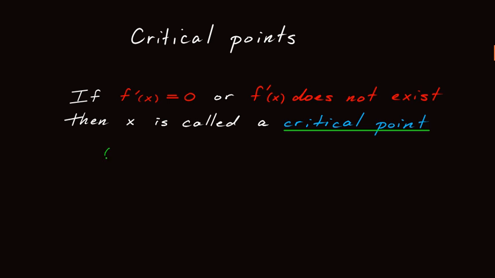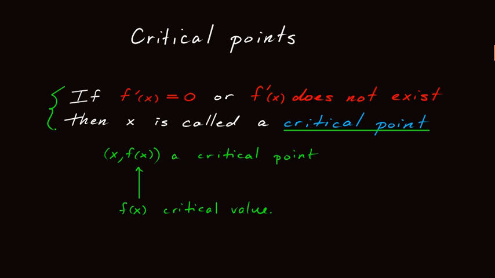Now we also call x comma f of x a critical point. And the f of x is called the critical value. Okay, so this is a definition you definitely want to remember of critical points.